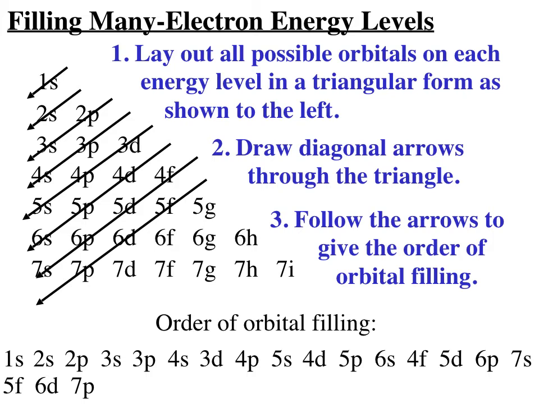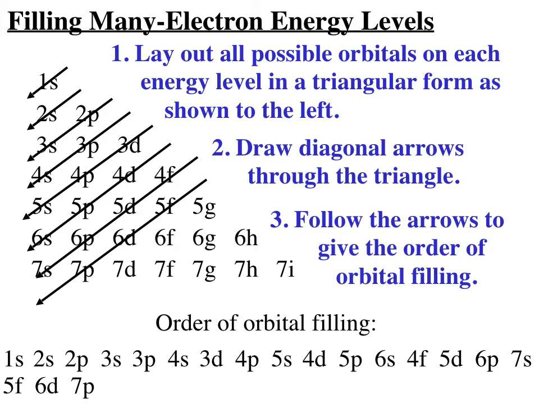Next, go diagonally through those rows with the red arrows as seen so that it catches every one, that you don't leave any blank. You go diagonally through and you see how that works out to catch all the various orbitals.